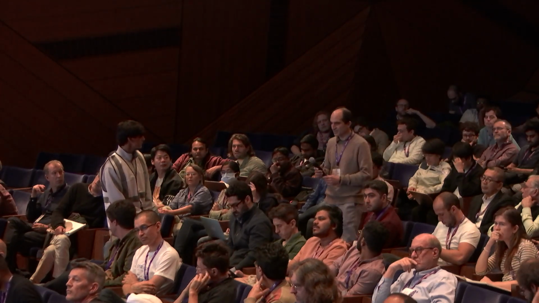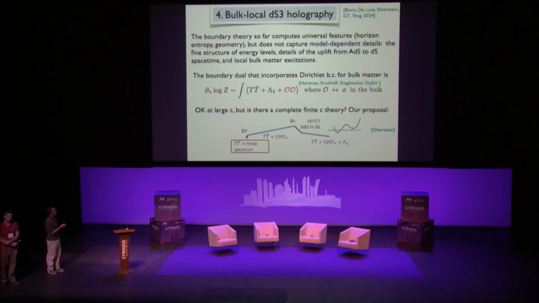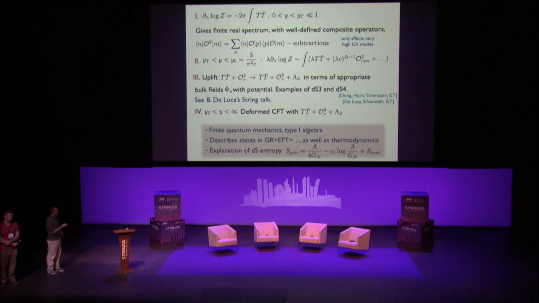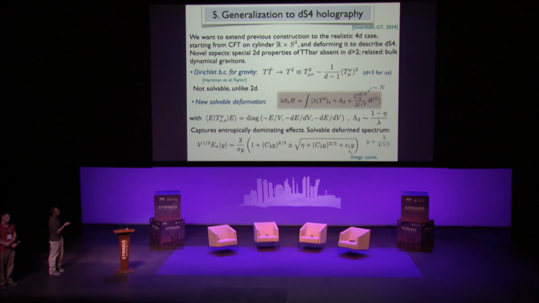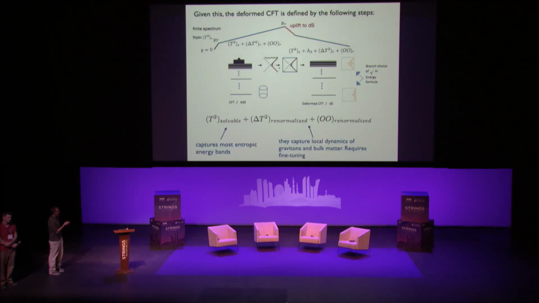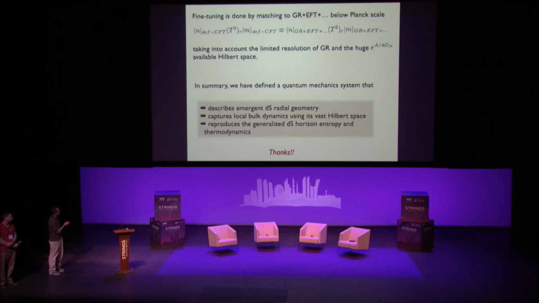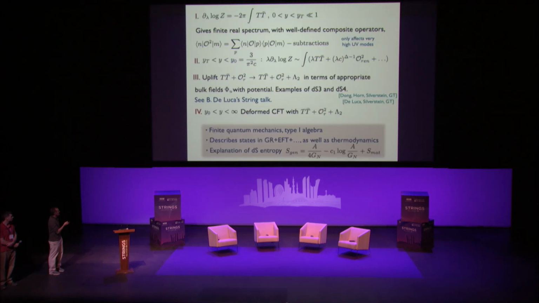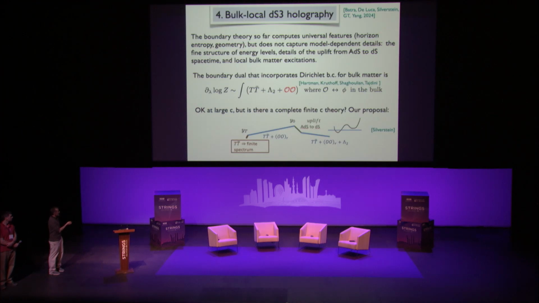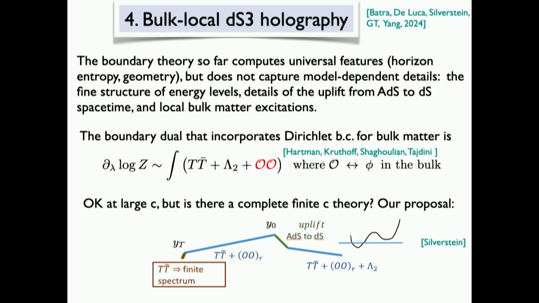Indeed, that's part of the resolution. Here, I was putting this lambda2 or lambda3 by hand. But once you have a complete model like this uplift from AdS3 to DS3 or AdS4 to DS4, you really have to put in the fields that are responsible for the uplift.